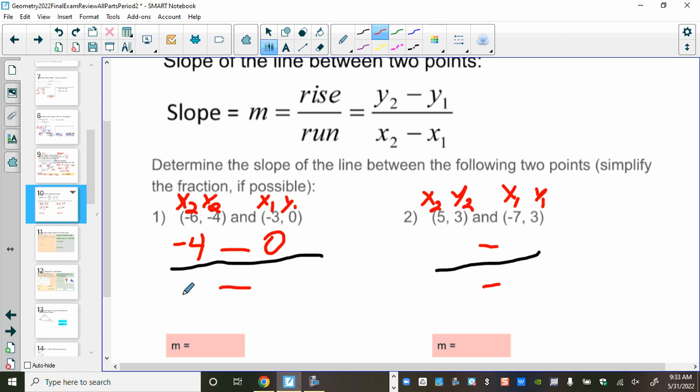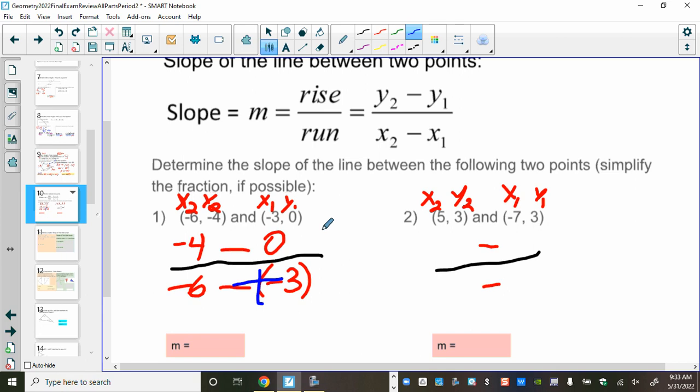But then it's x2 negative 6 minus negative 3 for x1. But what's really taking place with this minus negative? Can anybody tell us what this minus negative becomes? Yeah, that's a plus sign.